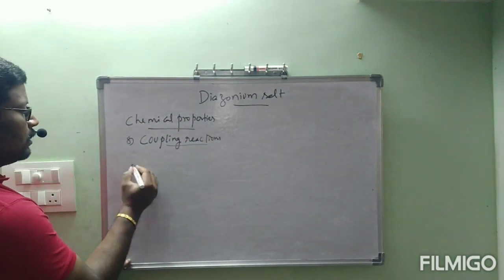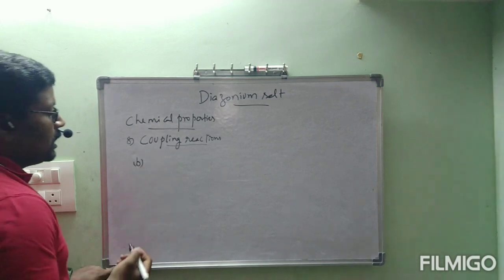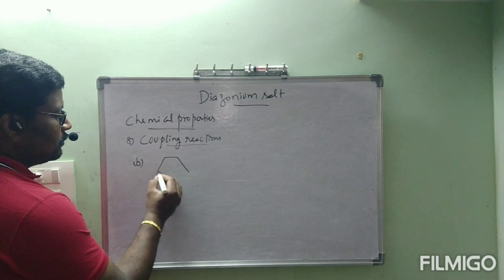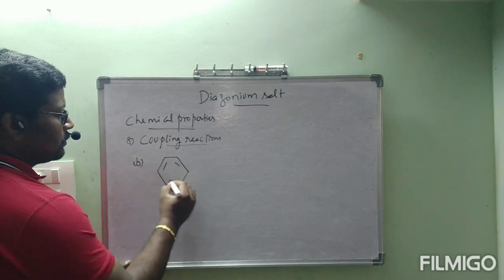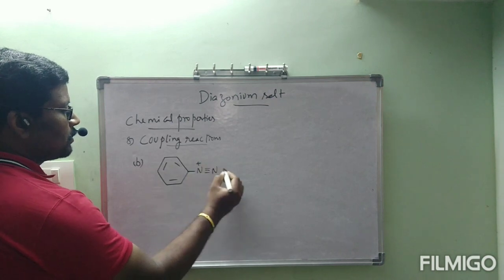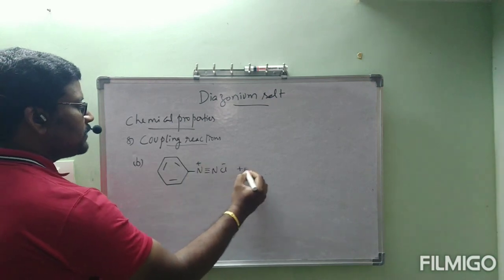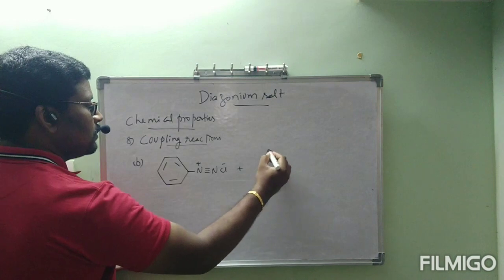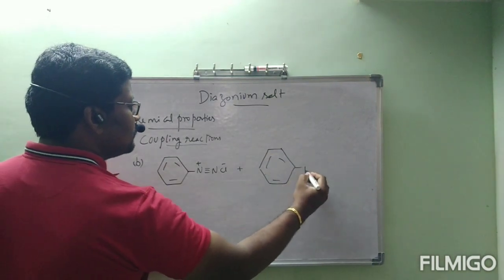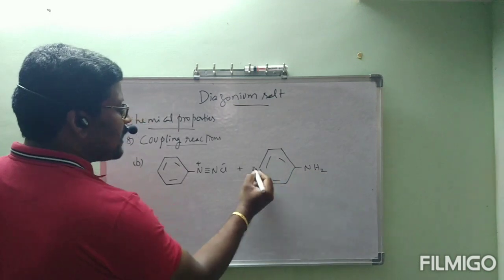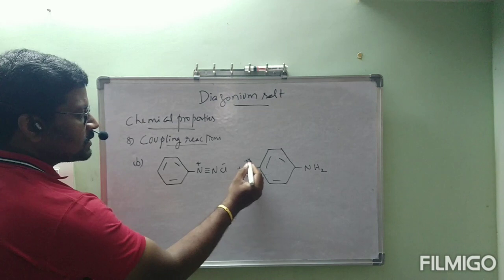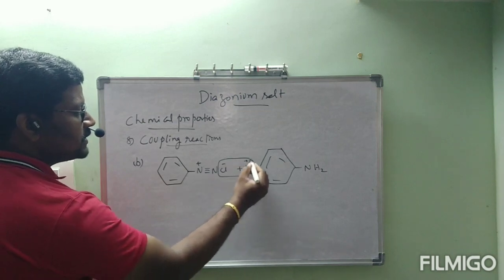B. Benzene diazonium chloride is going to react with aniline. Previously we have seen phenol, now I am going to take aniline, with NH2 in the para position. Now H plus and Cl minus will be removed as HCl.